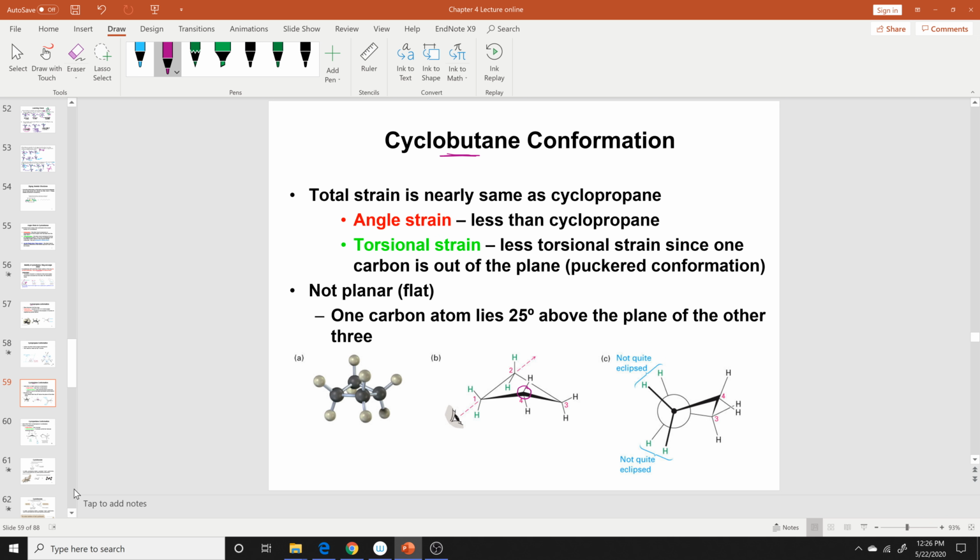That puckered conformation is going to relieve the strain a little bit, and it's going to cause less torsional strain once 1 carbon is out of the plane. If I draw a Newman projection between these 2 carbons, you can easily see that this carbon is pointing out of the plane, so that relieves the energy of the structure a little bit.